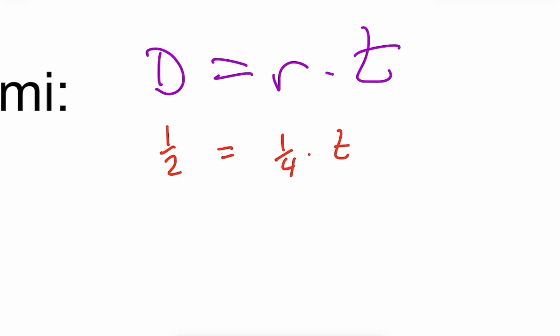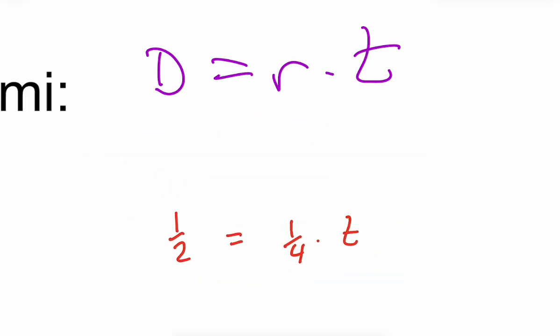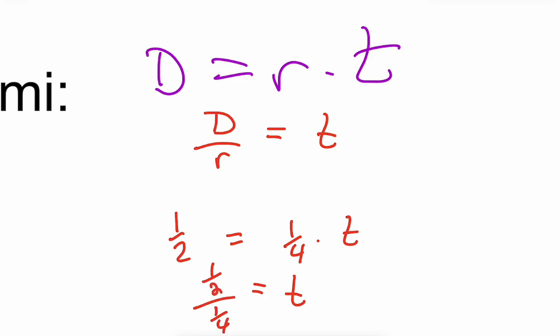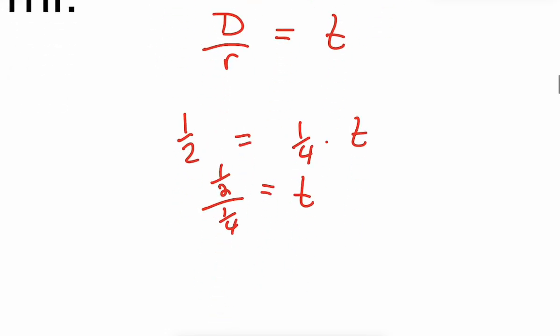So my suggestion, although that is perfect, I'm going to show you what you can do instead is if we isolate the t, and if we know that t is always distance divided by rate, we can immediately then jump to 1/2 divided by 1/4.